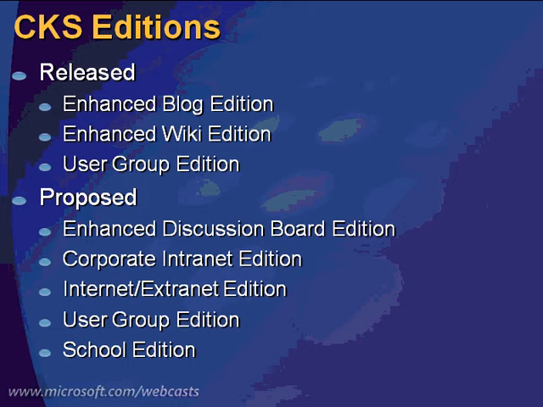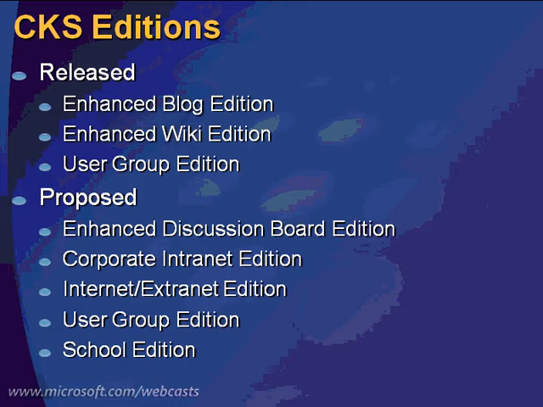Some of the CKS editions that we've talked about are the blog and the wiki edition. There's also a site template for user groups, and the other editions that are either in progress or underway are an enhanced discussion board edition, a corporate intranet and extranet edition, which had forms-based authentication providers in it and has been split into two groups now.